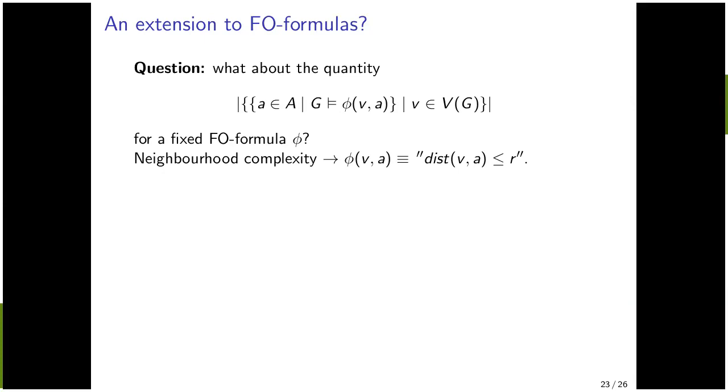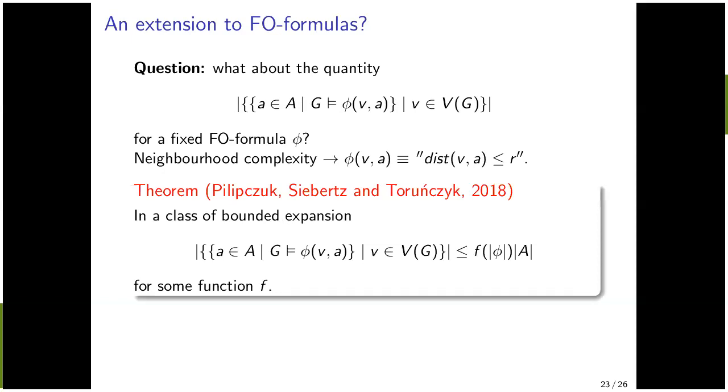And so more generally, we can look at this quantity for any first order formula. And there is this very nice result which says that in a class of bounded expansion, this quantity is at most some function of the formula times the size of A. And actually it's an if and only if, for classes closed under taking subgraphs.